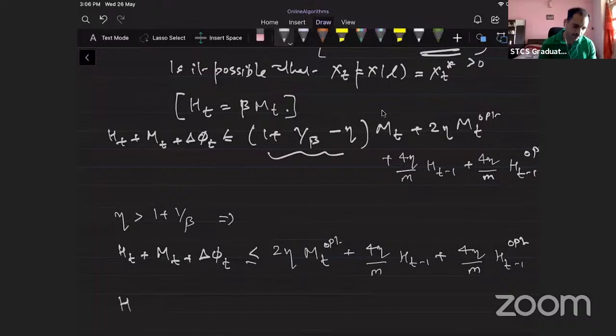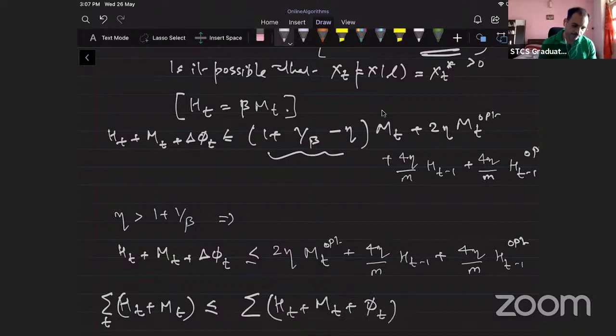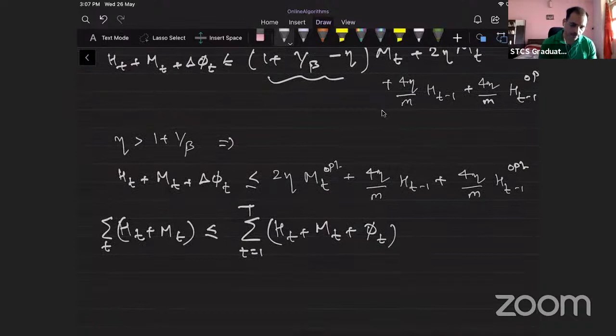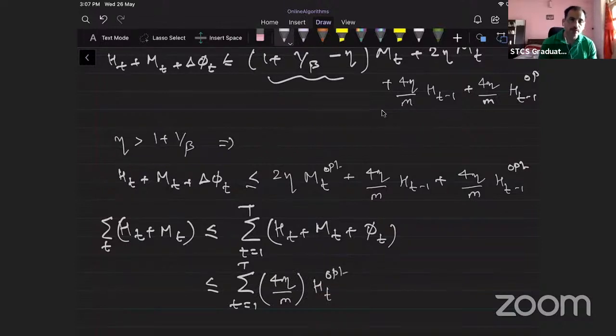Remember my total cost is just the summation of this, which is at most, this we have already seen, and this from our inequality above is at most 4 eta by m times h t opt. I'm just replacing t with t minus 1.